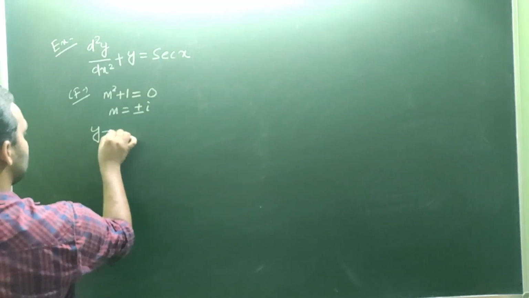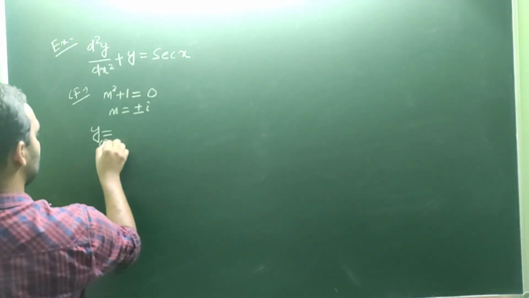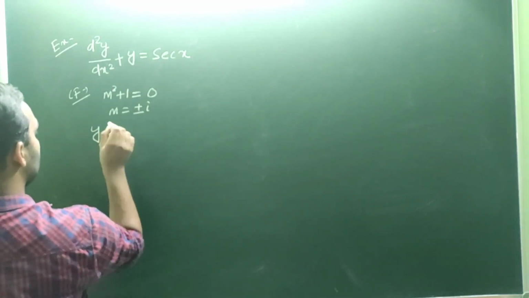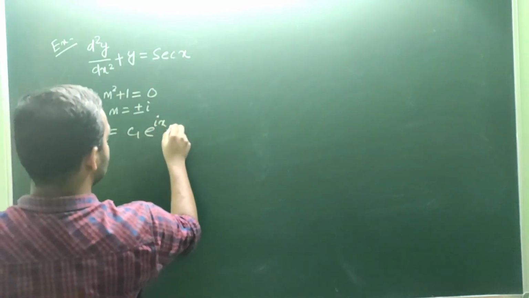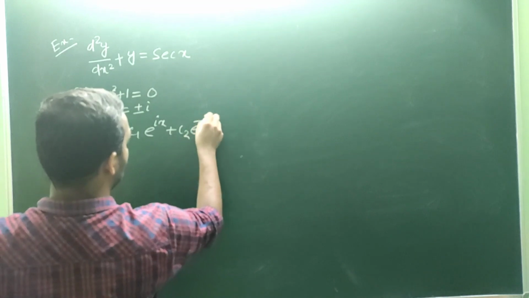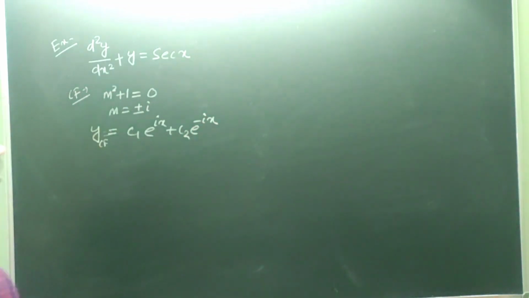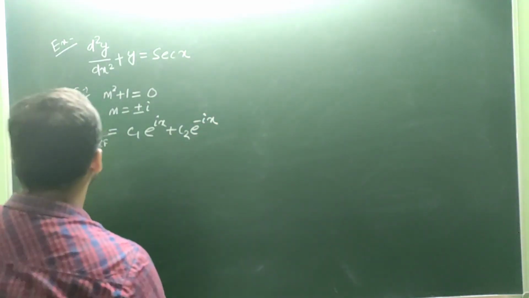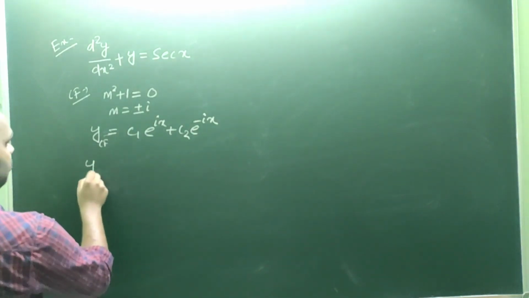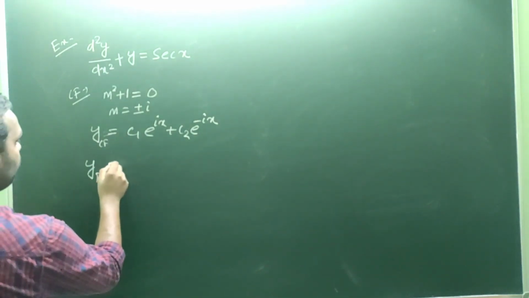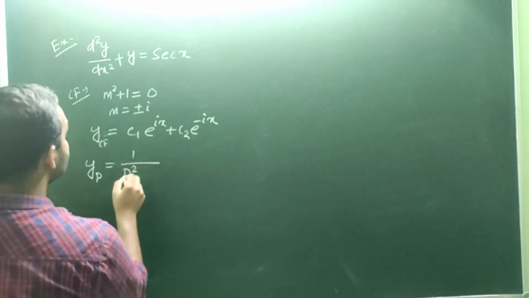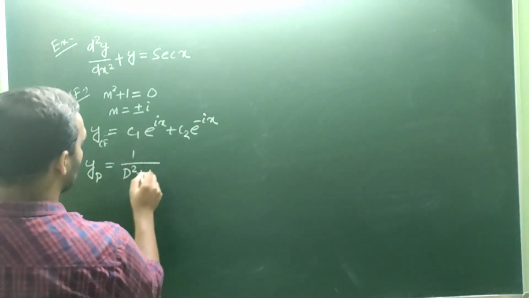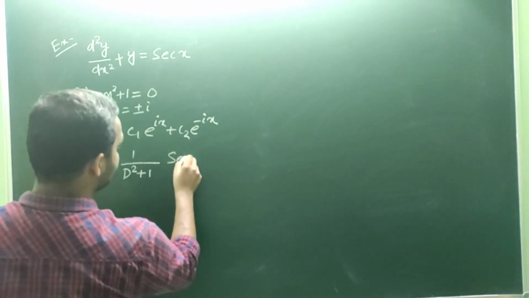So the complementary function we can write down: c1 e to the power ix plus c2 e to the power minus ix, right? Now for the particular integral, as I said, yp is equal to 1 by d square plus 1 into sec x.